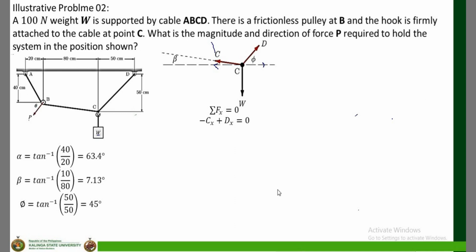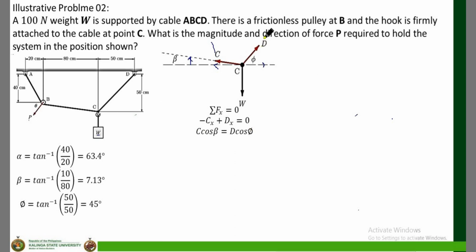From lesson 2, the x component of a force is equal to the force multiplied by the cosine of the acute angle from the x-axis. The angle of inclination of C is beta, and take note, beta is measured from the x-axis. So that is C cosine beta.